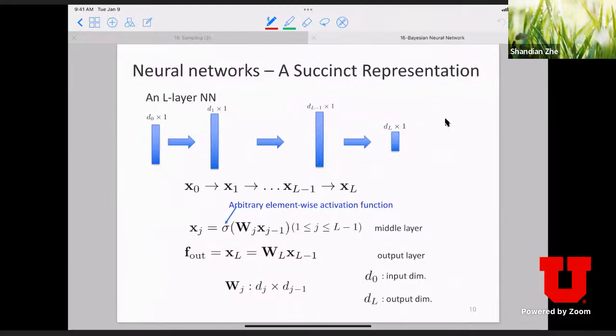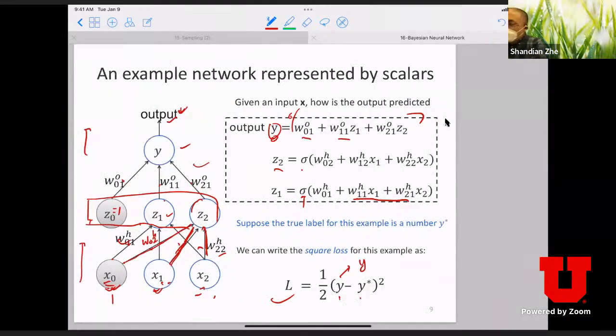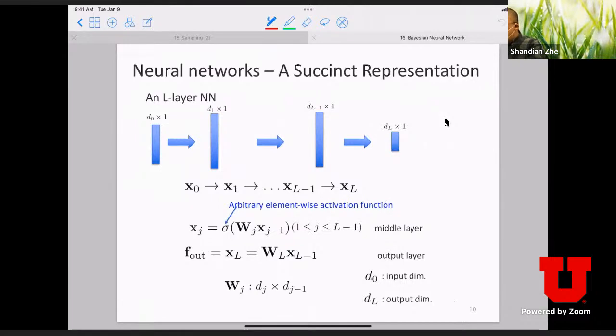So now, I'm going to use a more succinct representation of the neural network. This is different from the machine learning class. In the machine learning class, I only talked about this. But in this advanced class, I'm going to use a matrix and vector representation of the neural networks. This is much more convenient and succinct in that we don't need to write down each element or each particular neuron. We just treat the output of the neurons in one layer as a whole, just a vector.